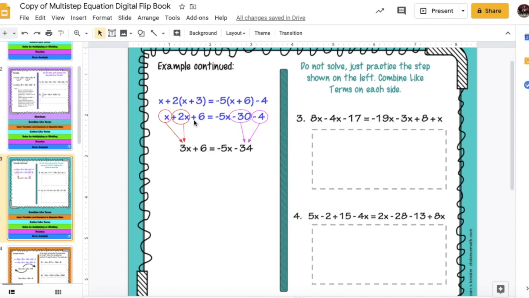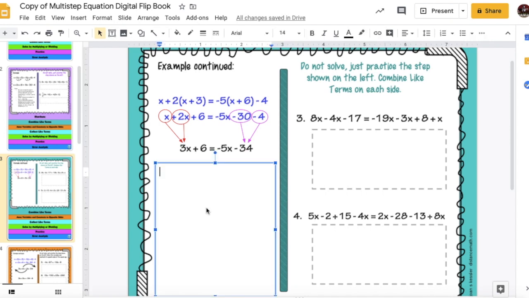There's nothing for me to combine the 6 with, so I just bring it down as a plus 6. Over on the right, there's nothing to combine this negative 5x with, so that just comes down. But these two constants I can combine. Negative 30 minus 4 is negative 34.